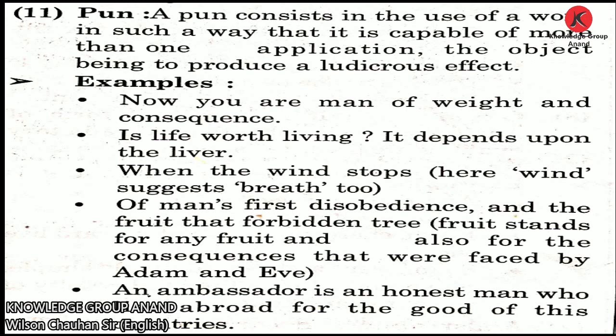Next one: "An ambassador is an honest man who lies abroad for the good of his country." Now, what is ambassador here? Just understand, dear friends, there are two or three different things.